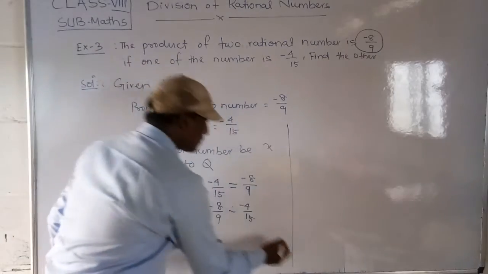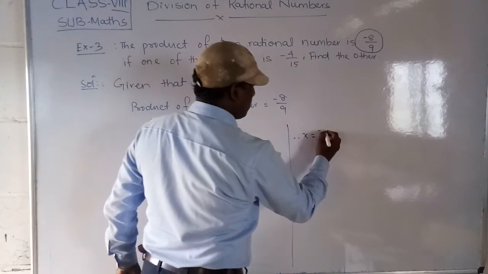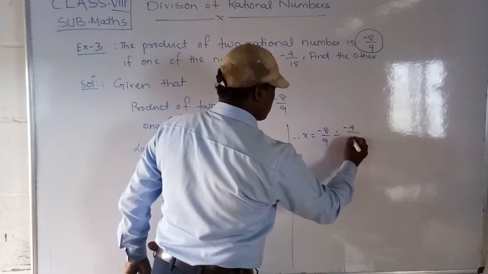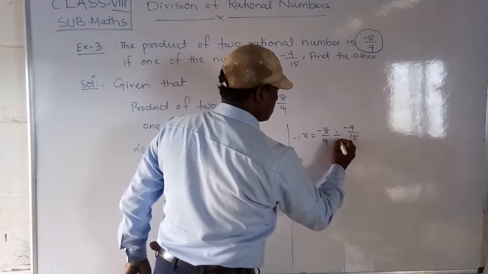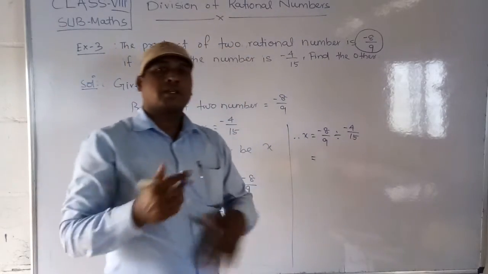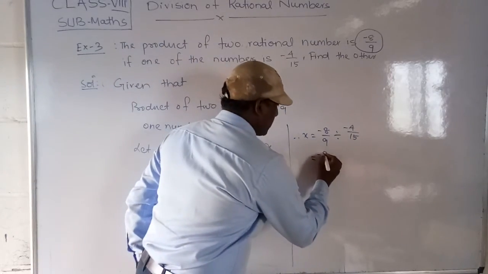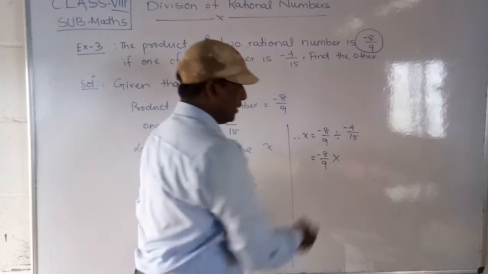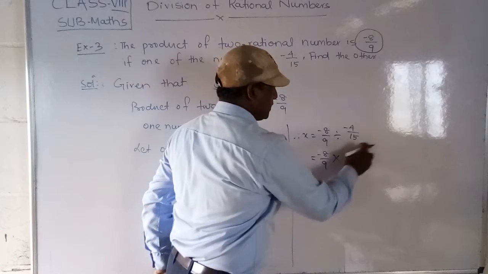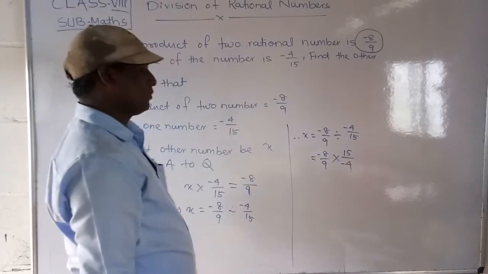So let us see. Hence x is equal to, first simplify this, minus 8 by 9 divided by minus 4 by 15, I write again once more. What have you studied, that division means multiplication by the reciprocal of the second rational number. So first write this, next keep the multiplication sign, because instead of division you keep multiplication, but this will change, that means 15 by minus 4.